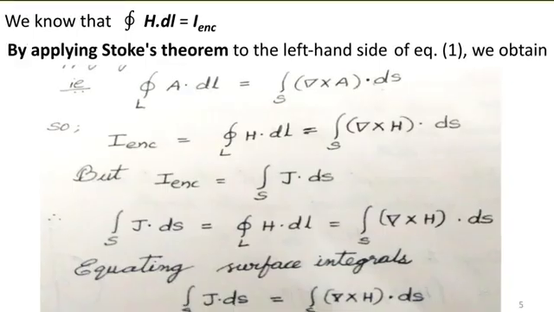These were the observations. Now, we know that closed integral H dot dl is equal to I enclosed. This is the statement of Ampere's circuit law. Now, applying Stokes theorem to the left hand side of this first equation, we can obtain the following. Stokes theorem states that closed integral over L of A dot dl is equal to integral over S of del cross A dot ds.